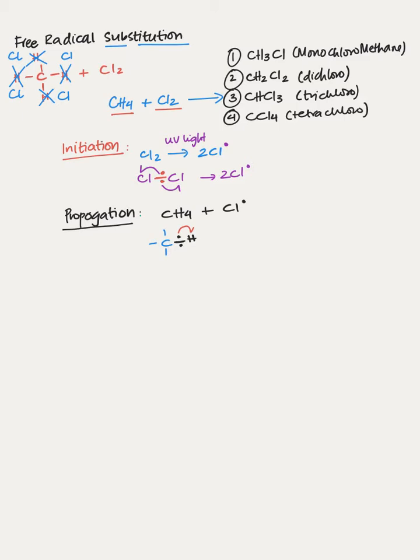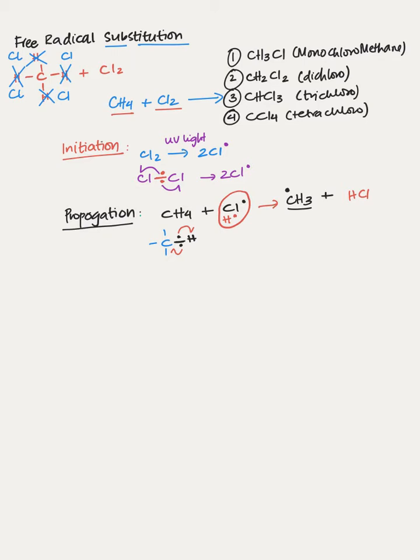Now, this H radical is super reactive. This H radical is so reactive that as soon as it's formed, it reacts with this Cl right here to give off HCl. It does not exist independently, but it reacts almost instantly with the Cl radical to give off HCl. What we are left behind with is a CH3 radical. We still don't have monochloromethane, but we have this methyl radical now.